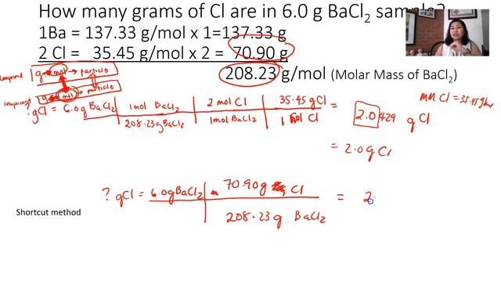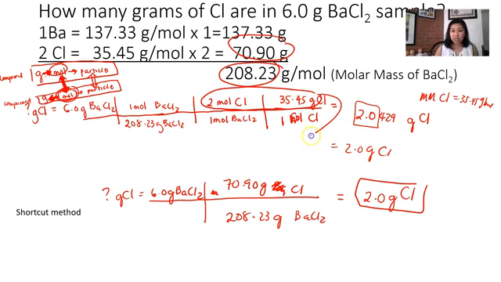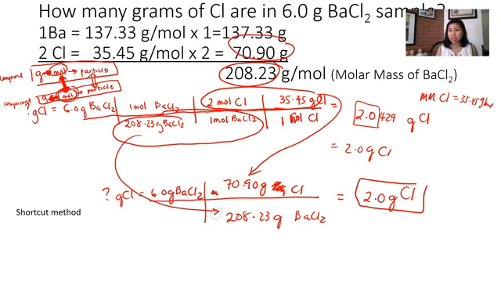And if you do that, you're still going to end up with 2 grams of chlorine. Notice how this bottom one is just a shortcut of this longer method. 35.45 times 2 is your 70.9. And the 208 times 1 is that 208 down there.